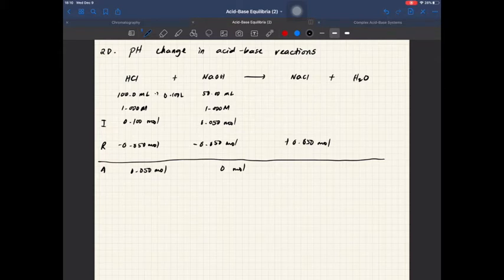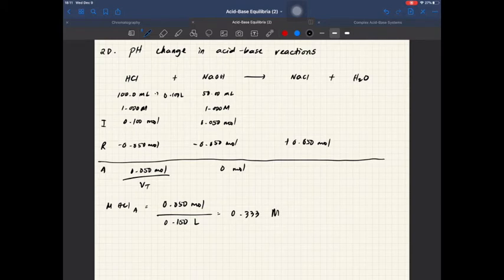So how do we calculate the concentration in molarity of hydrochloric acid after the reaction? All we need to do is divide by the total volume, and the total volume is 100 plus 50, which is 150 ml. The molarity of HCl after the reaction is equal to 0.05 moles divided by 0.150 liters, and we get 0.333 molar.